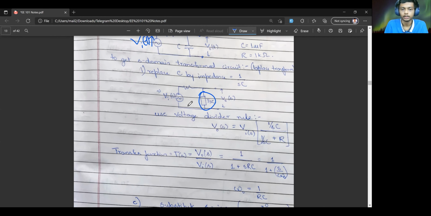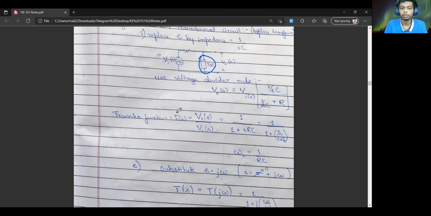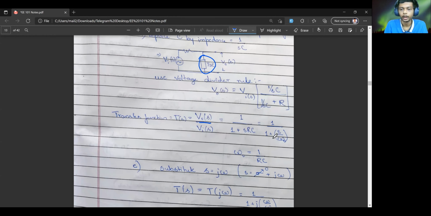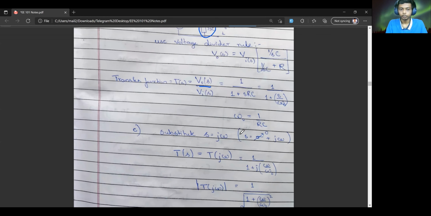Using the voltage divider rule, we get this expression, and then we define something called a transfer function. The transfer function is nothing but the output voltage divided by the input voltage. When you calculate this, you get 1 by 1 plus S by omega naught, where omega naught is defined as 1 by RC, which is the cutoff frequency.